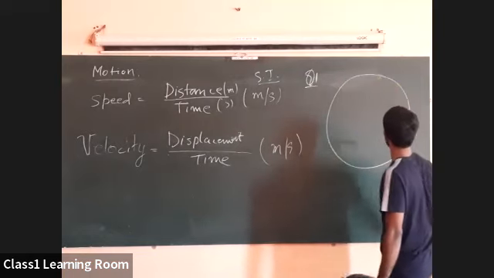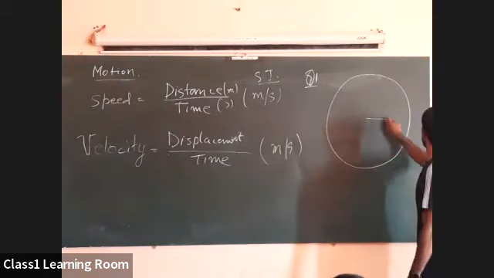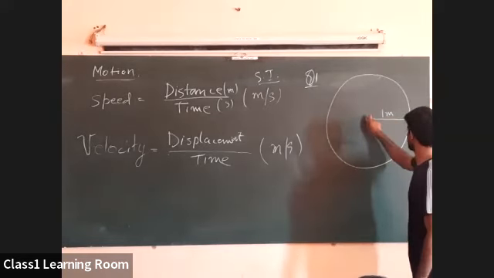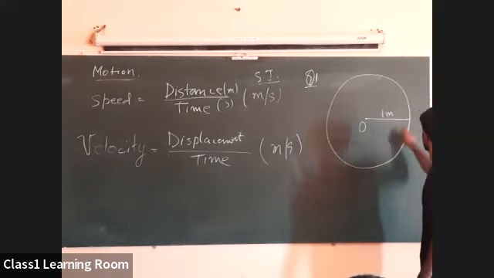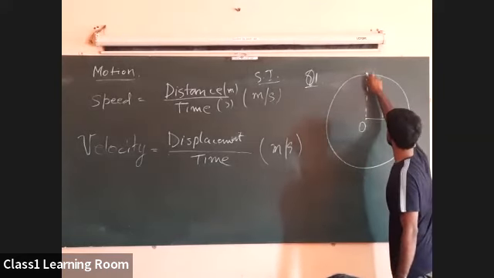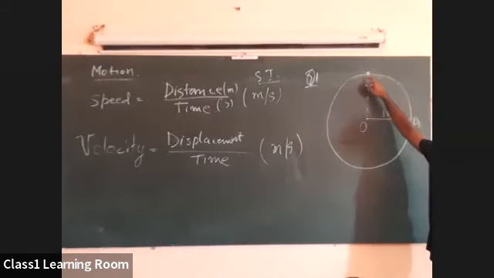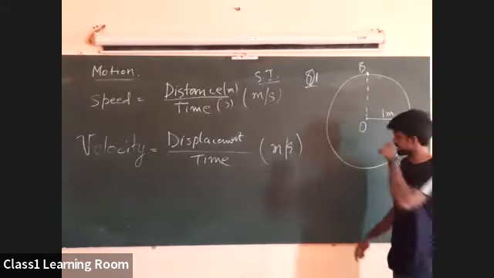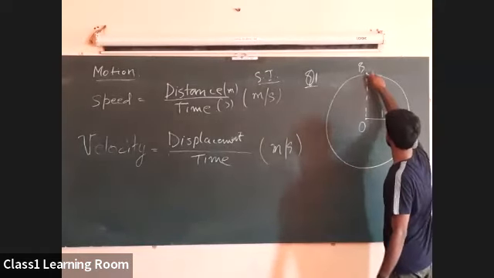Let's say there is a circle and the radius is 1 meter. So this is the center of the circle O. This is also the radius, right? Yesterday we saw that.